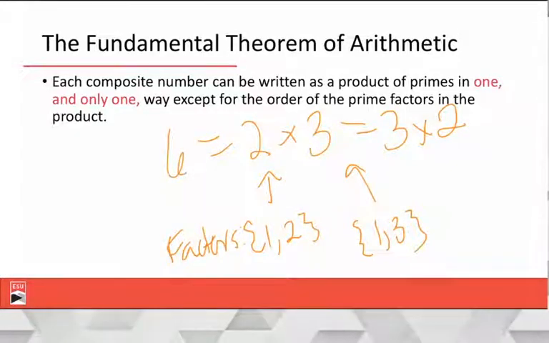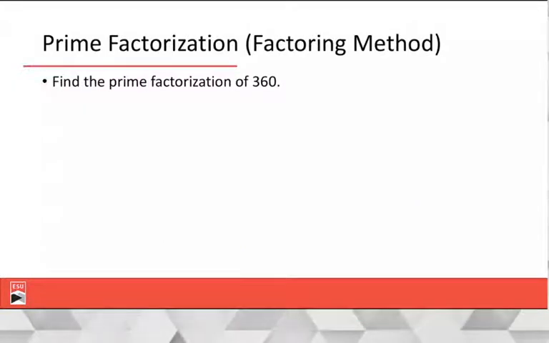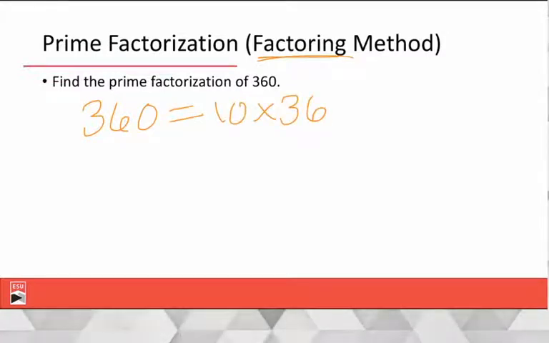And so let's find the prime factorization of 360. In the factoring method, what we do is we just factor 360 into, say, 2 numbers. So 360 is 10 times 36. And then we rewrite each of those, or we break them down into more and more factors.